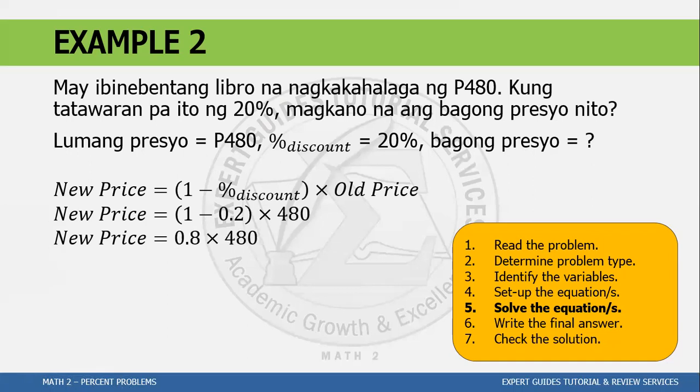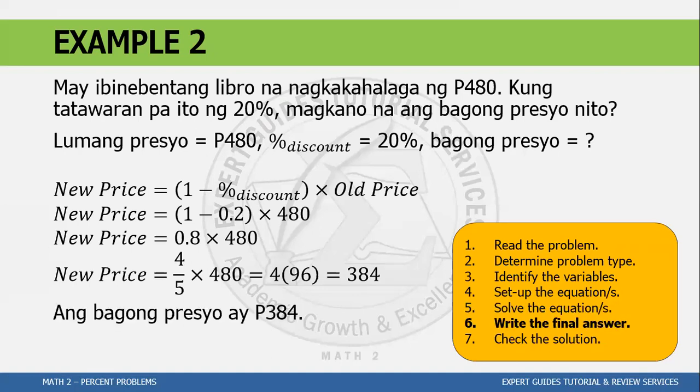Getting the difference, we have 0.8 times 480. And then it might be easier if we interpret this decimal as a fraction. 4/5 times 480. And then that's equal to 4 times 96, which is 480/5. And finally, we have 384 pesos. Kaya ang bagong presyo ng libro ay 384 pesos.